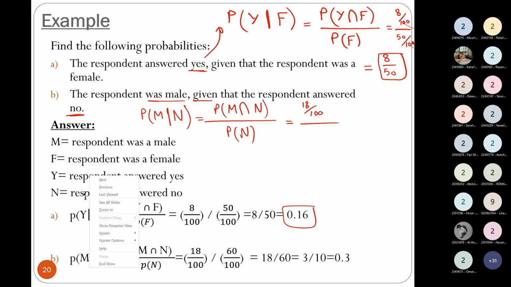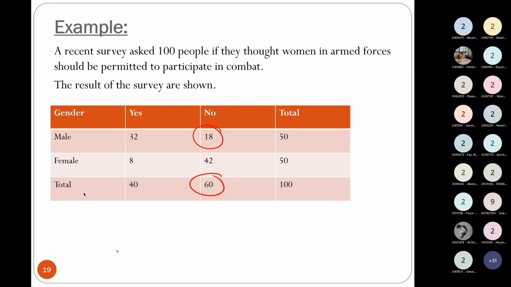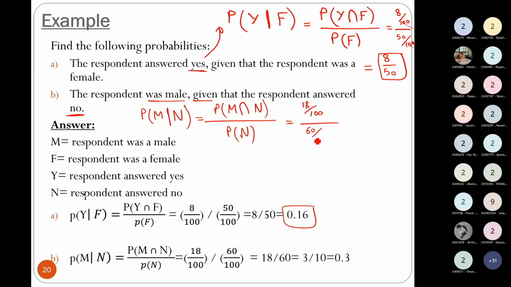How many answered no? 60, so 60 over 100. Cancel 100 with 100, so we have 18 over 60. We can simplify by dividing by 6 to get 3 over 10. So this is equal to 0.3.